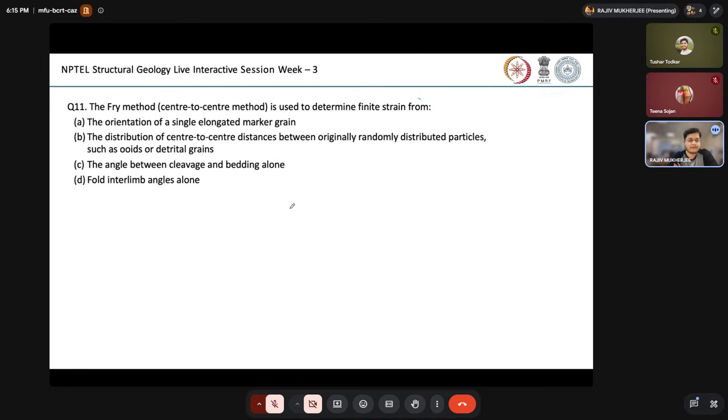And option D, fold interlimb angles alone. So it will be fairly easy to answer this one. Option B. Yes, option B is the correct answer.